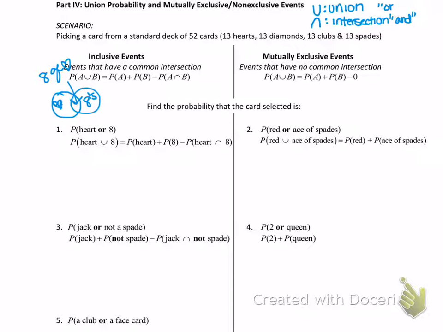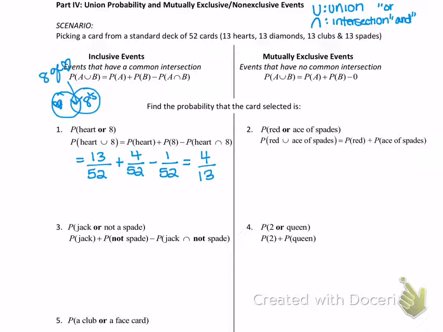The probability of a heart is 13 over 52, plus the probability of pulling an 8 is 4 out of 52. But then we need to subtract that one overlapping card to make sure we don't count it twice. When we do this, we get 16 over 52, which simplifies into 4 over 13.